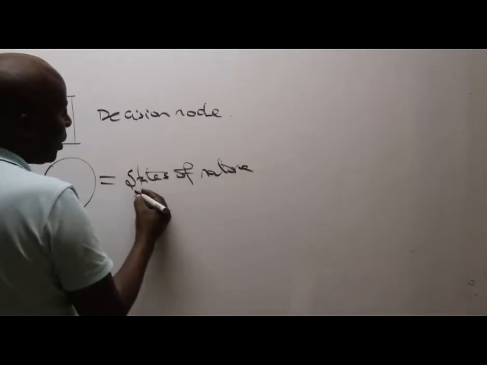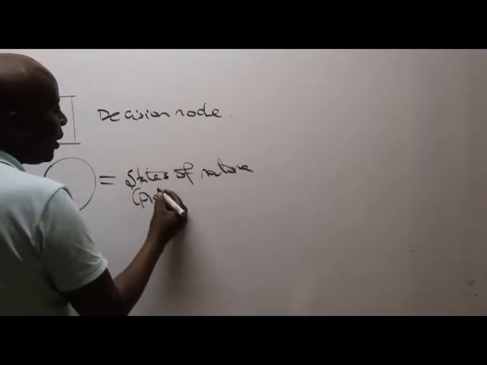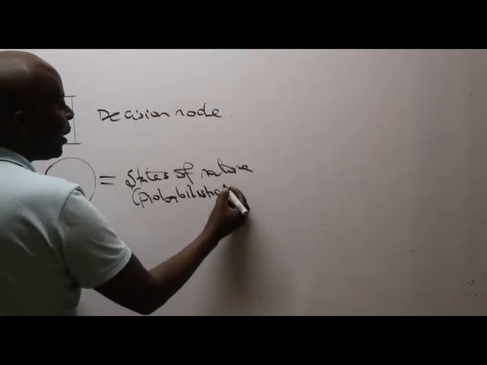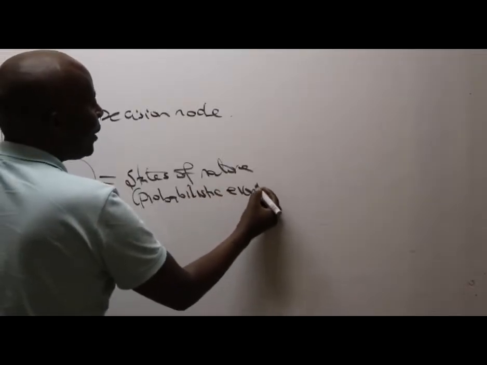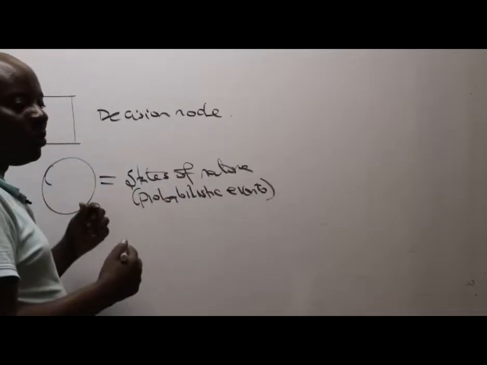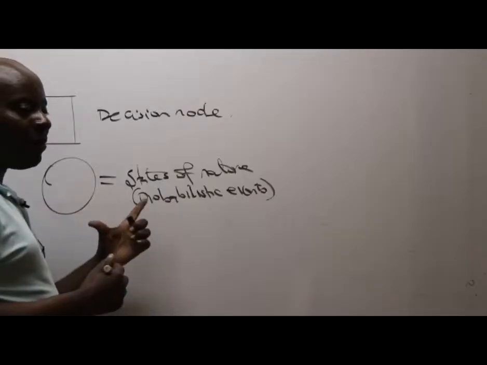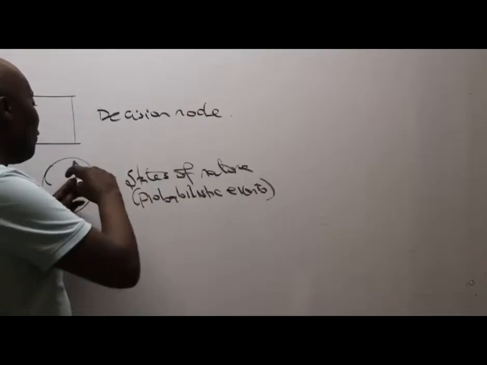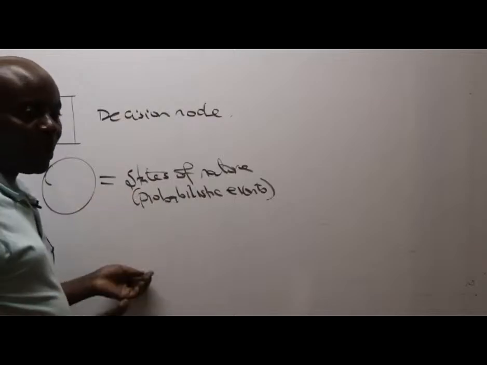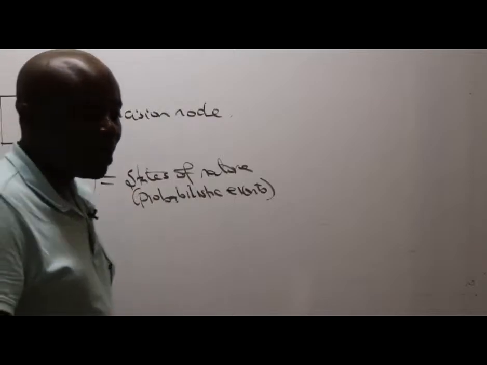If you remember, the states of nature node is the one that carries the probabilistic events. All events which have probabilities will always be coming out of a circle, to signify that it is slippery. Probabilistic events can go either way.